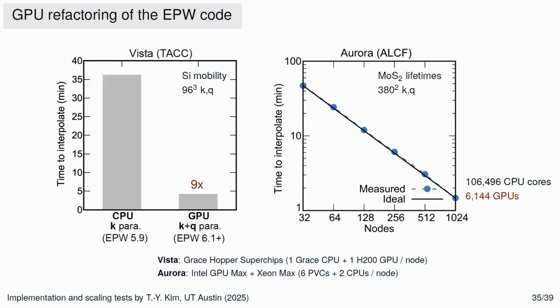So these are tests on the Aurora supercomputer, the second most powerful computer in the world, at Argonne. And here we managed to scale almost linearly to 6,000 GPUs. So that's basically a calculation, let's say, of molybdenum disulfide done in essentially 1 minute on 6,000 GPUs, okay? So that's basically the state of the art of what can be done today computationally.